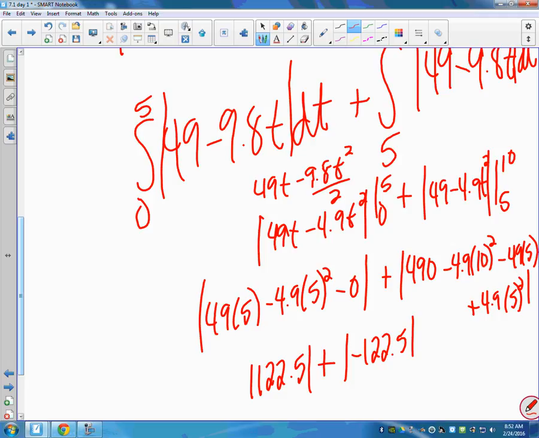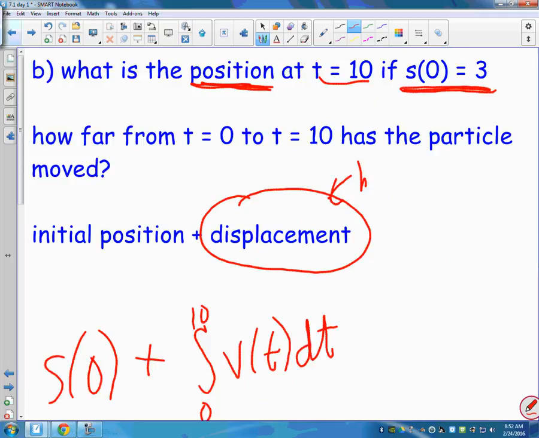So the total distance traveled. Because earlier on part B, we found that the displacement, what happened between 0 and 10 seconds, we got 0, right?